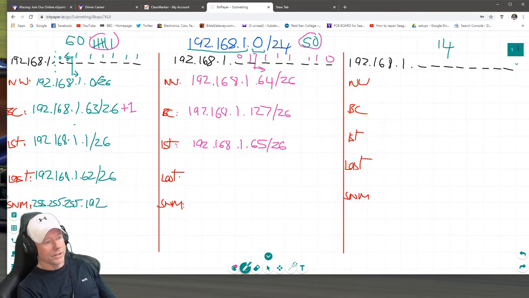I'm not going to bother adding it up, because I've already done it. All I have to do is get the broadcast and subtract 1. So that would give me 126. That's 192.168.1.126/26. And the subnet mask is the same as over here. It's not changed.